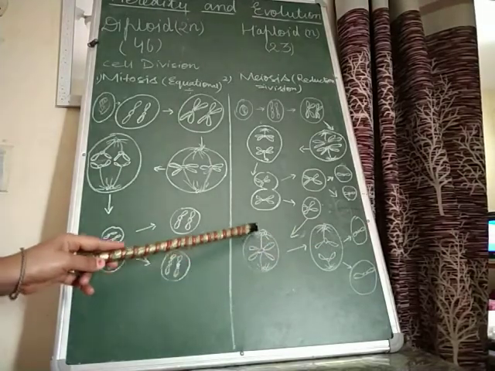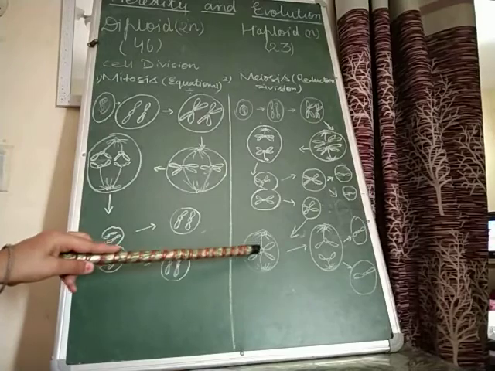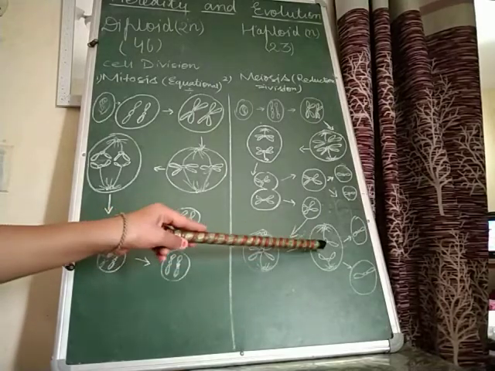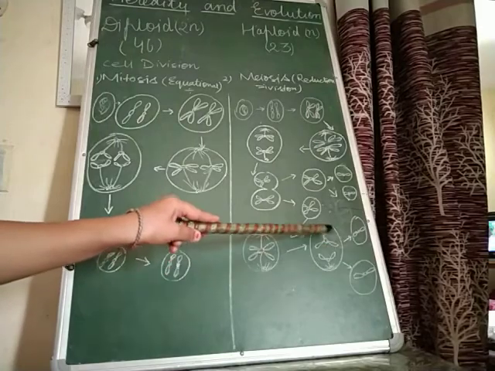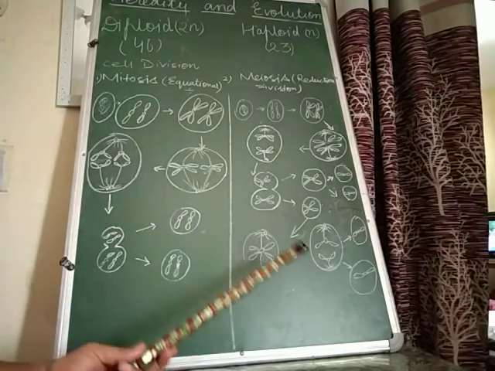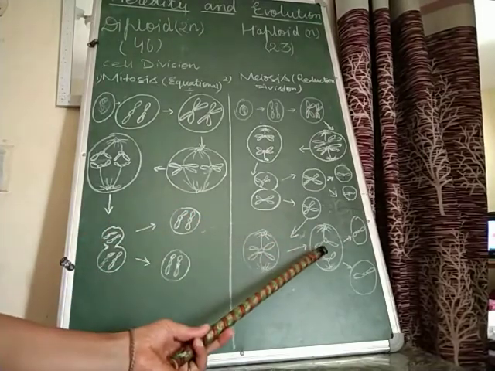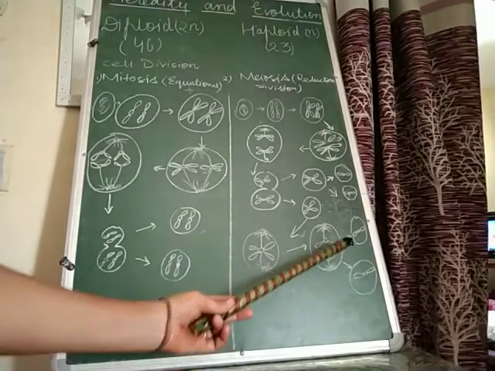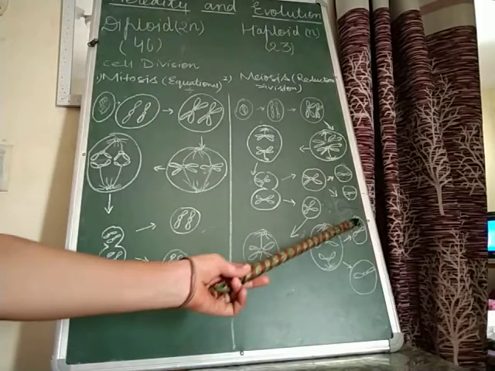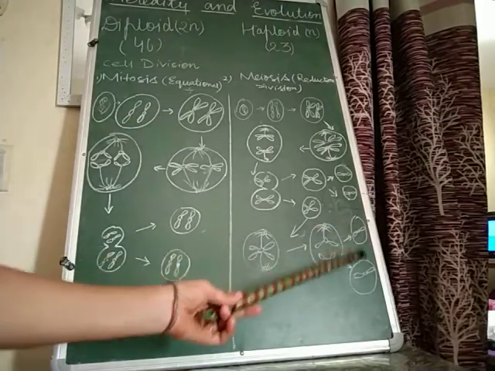So the centromere has split into 2 parts, so 1 chromosome is giving rise to 2 chromosomes. Now again karyokinesis is complete, that is division of genetic material is done, and this is followed by the division of the cytoplasm, and it will give rise to the 2 cells.